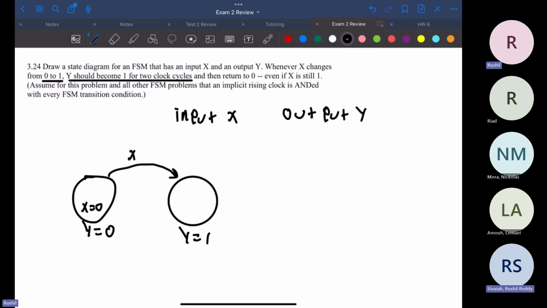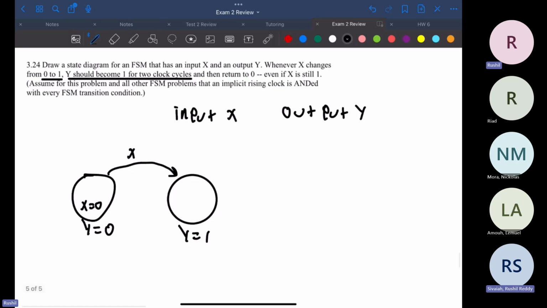So this x would be x times clock up. Since we don't change our input, we just hold it and go over here. Since we need y to be 1 for 2 clock cycles, we also need another clock up here. But since it's assumed, you could also erase it.